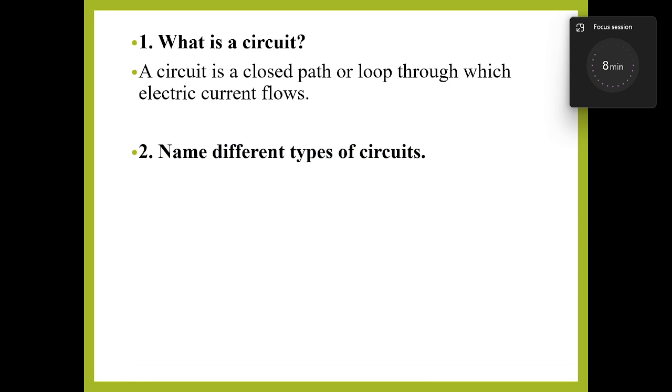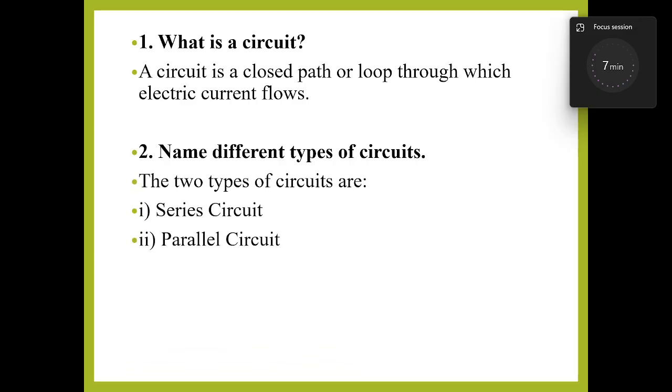Next, second question. Name different types of circuits. We have seen these main two types of circuits that we have designed: series circuit where components are connected one after the other, and a parallel circuit where the components are connected one below the other.